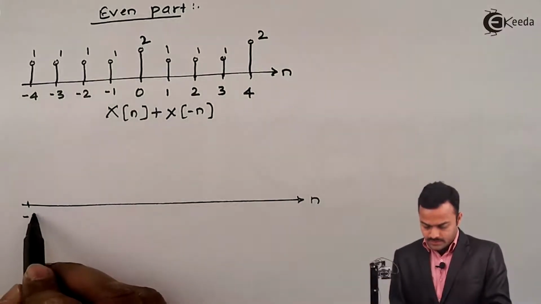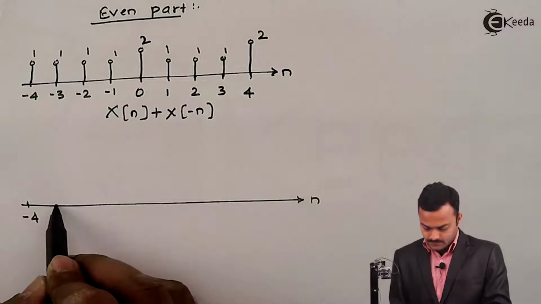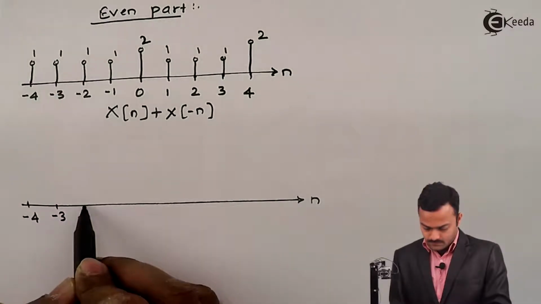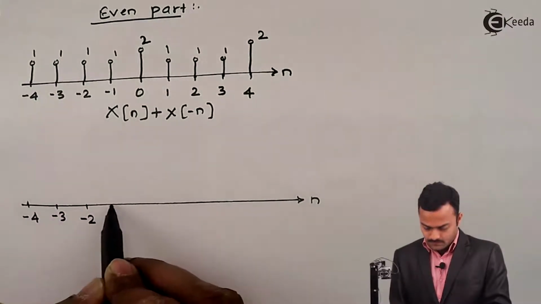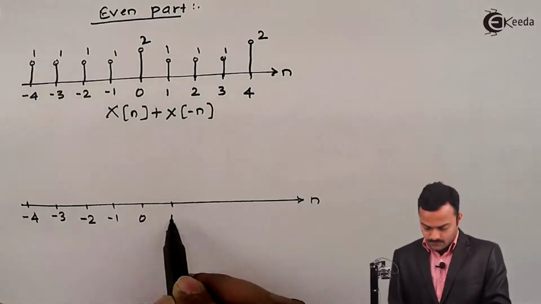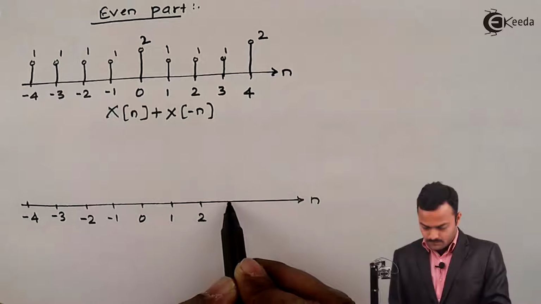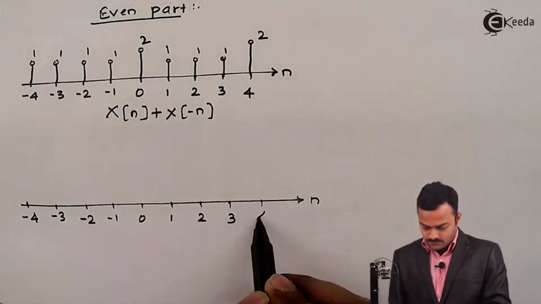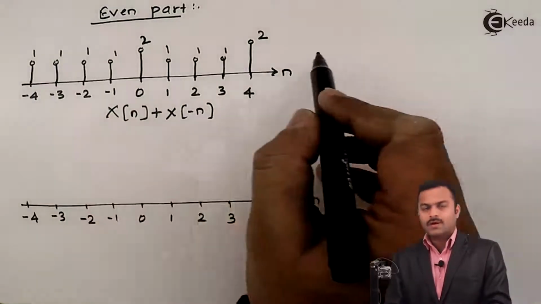All the intervals will remain intact, and we just have to divide by 2.